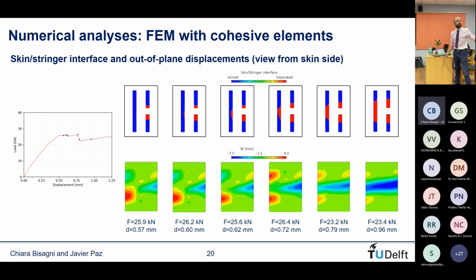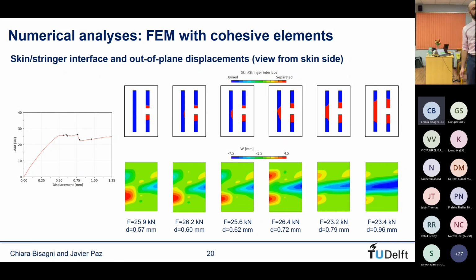And then if we continue loading, the delaminated area keeps expanding, and at this point, we're already reaching the opposite stringer. That's something that we see later in the experiment, that before the delamination propagates, this front has more of a straight line around here, and then we see that it becomes more round.